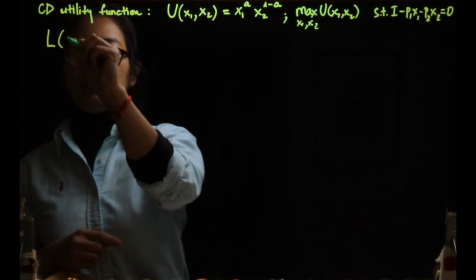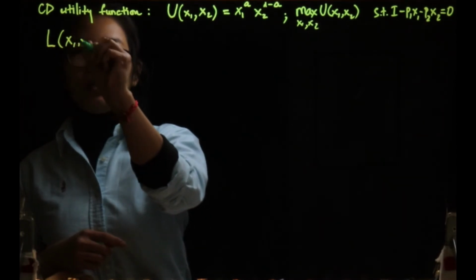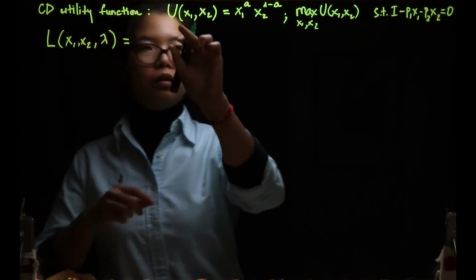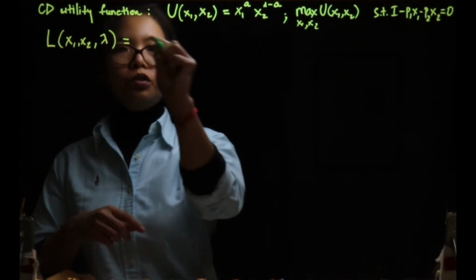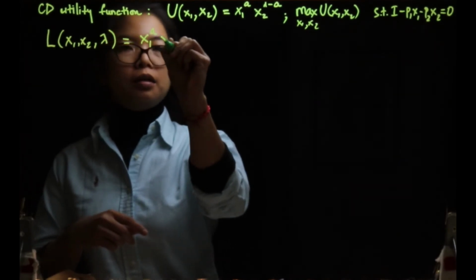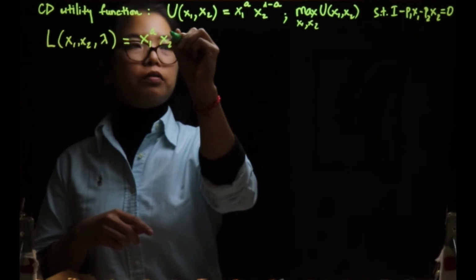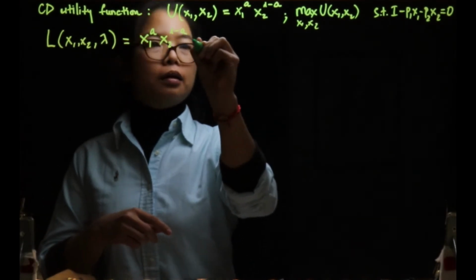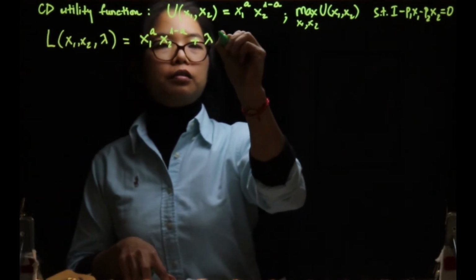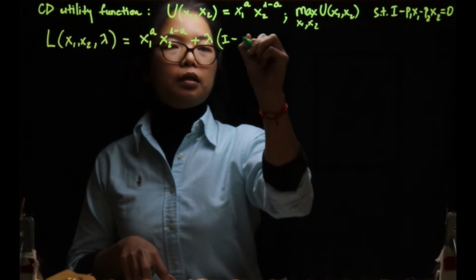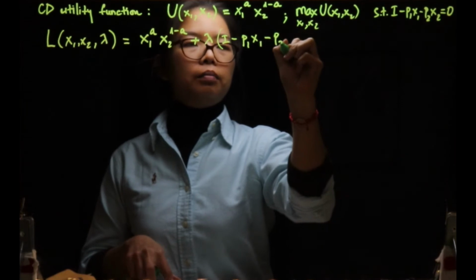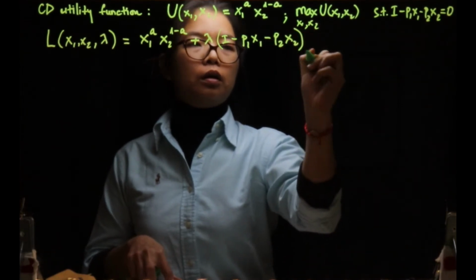So L, a function of x1, x2, and lambda, equals u, which in this case is x1 to the power of a times x2 to the power of 1 minus a, plus lambda times the constraint, I minus p1 x1 minus p2 x2, right?